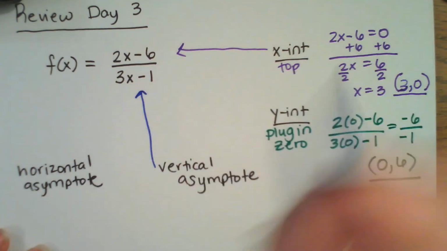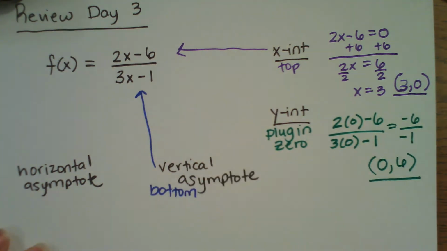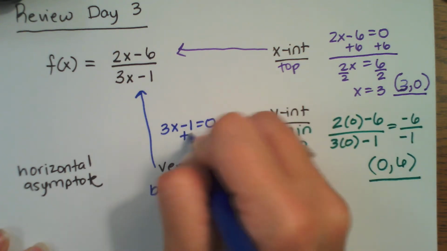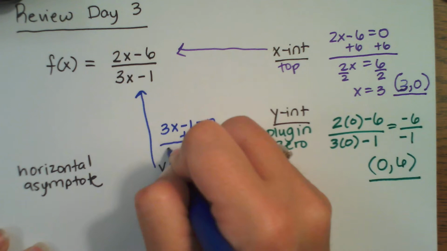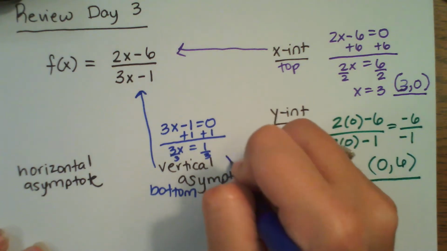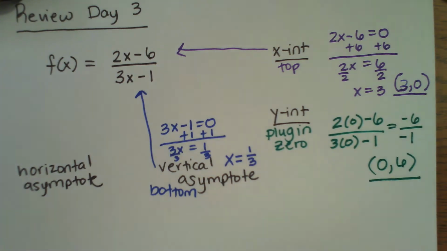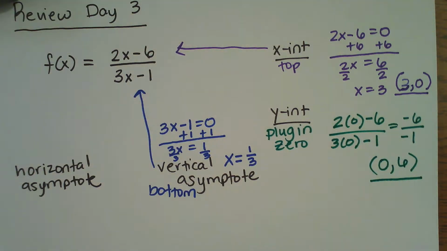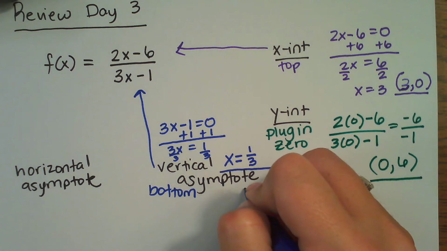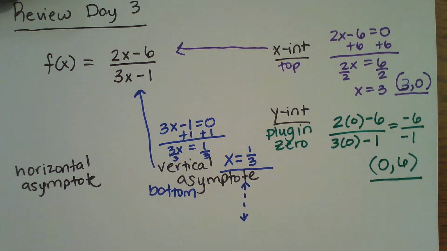The vertical asymptote comes from solving the bottom of the fraction. x equals, this would be 1/3. It is an equation of a line, the vertical asymptote goes up and down on the graph.